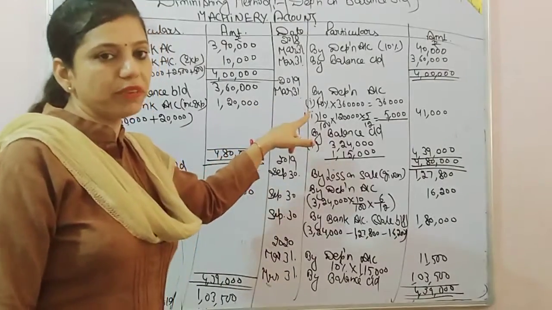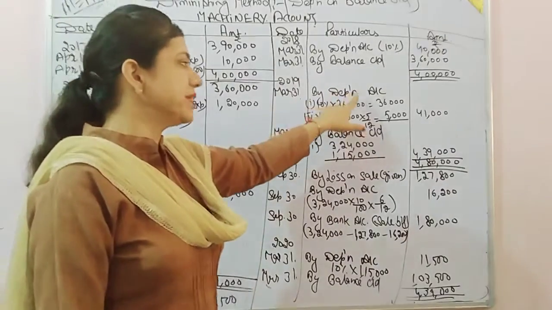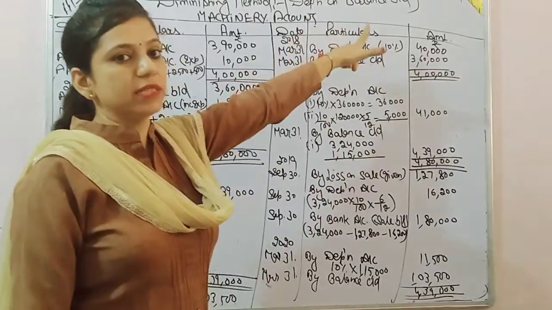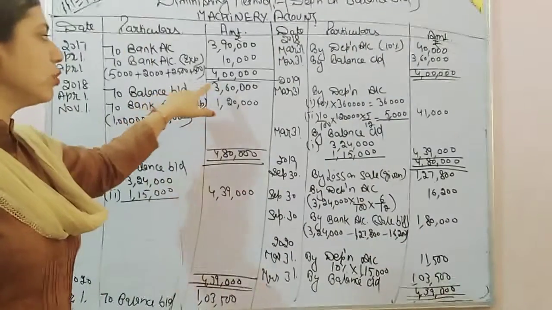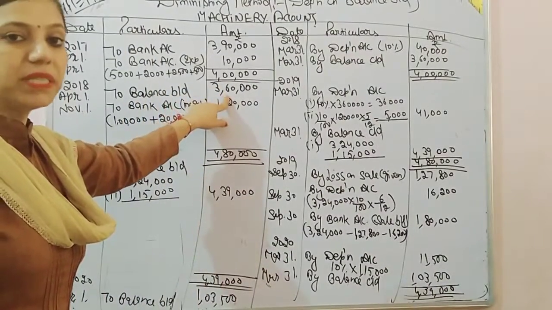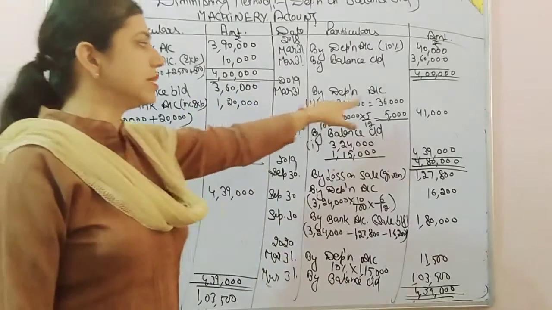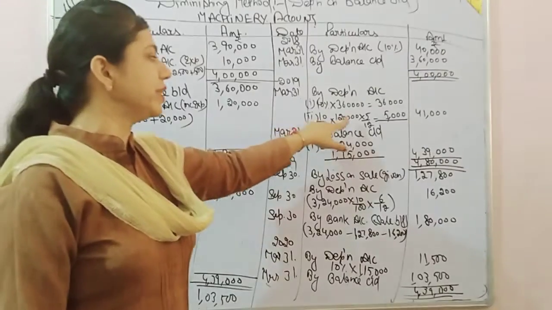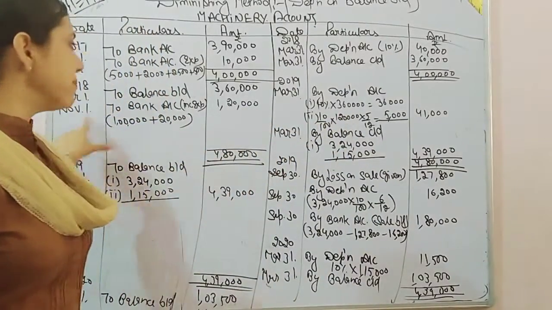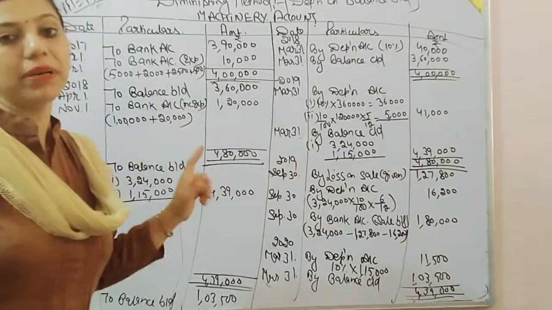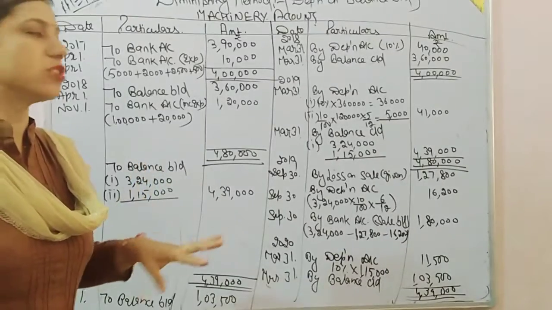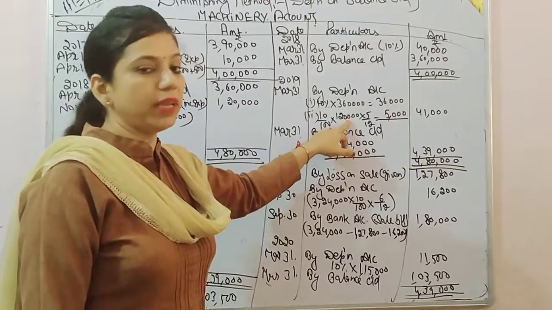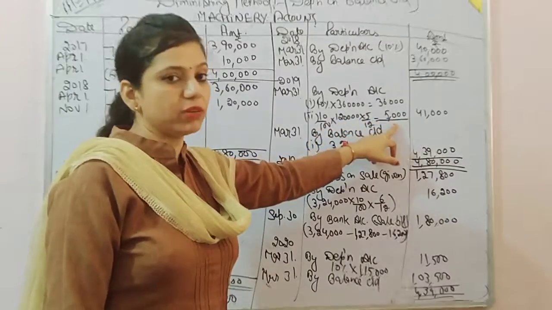How will the depreciation be calculated? By depreciation account. Now as I told you, depreciation is on balance brought down. Balance brought down is 3,60,000. So 10% of 3,60,000 is 36,000, and 10% of 1,20,000 from November to March: November, December, January, February, March, 5 months. So depreciation will be 10% of 1,20,000 for 5 months, that is 5,000.